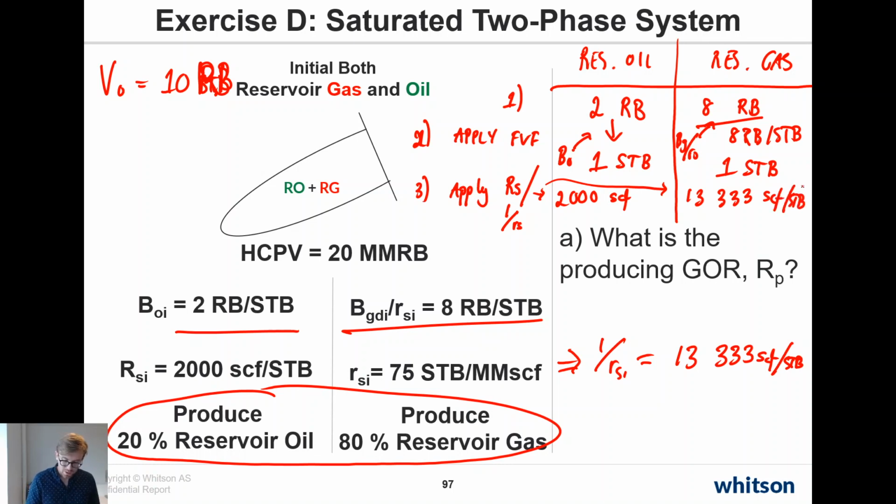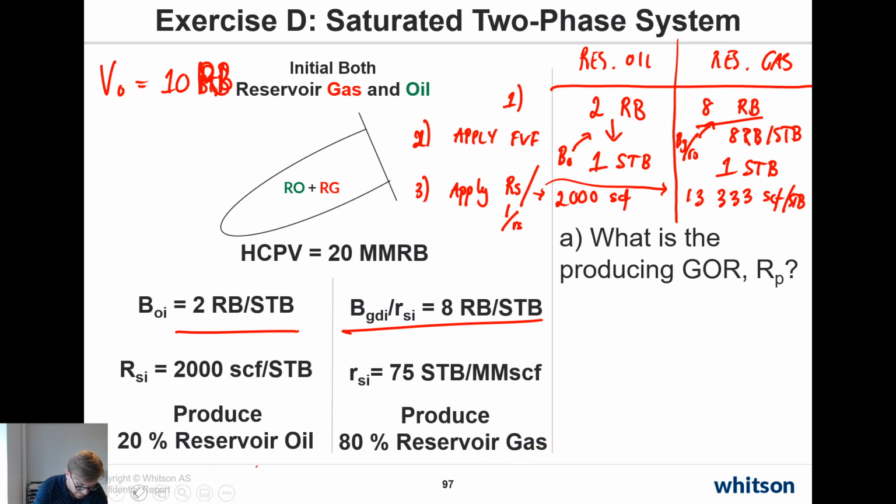Okay, so we've done all the math now, and just to sum up a little bit and make sure we've done this correctly, I'll give ourselves a little more real estate right here to sum up what we've done.